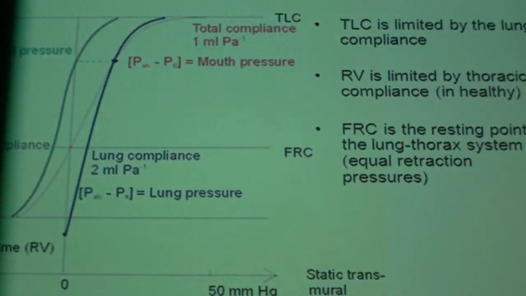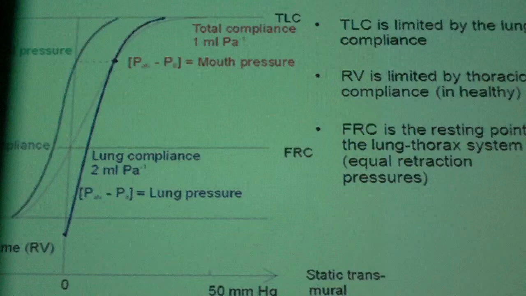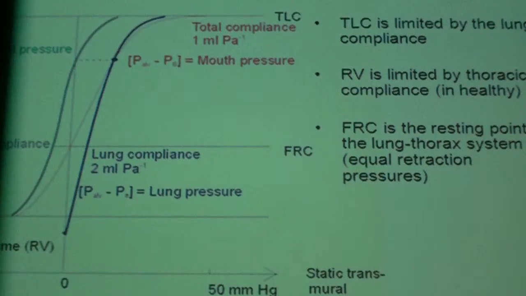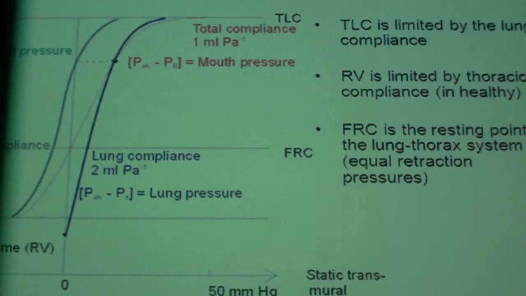But why do we want to know in a patient with COPD how much air is left in the lung? Is that important? Yes, and I'll try to explain it, it's a little bit difficult. This is a volume pressure curve, and it shows the changes in pressure when there is a change in volume when we breathe.